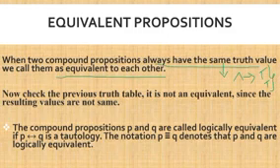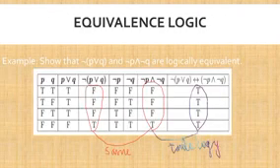So now the compound propositions P and Q are called logically equivalent if the biconditional of P and Q is a tautology, which I explained earlier. The notation P ≡ Q, the three lines, denotes that P and Q are logically equivalent.